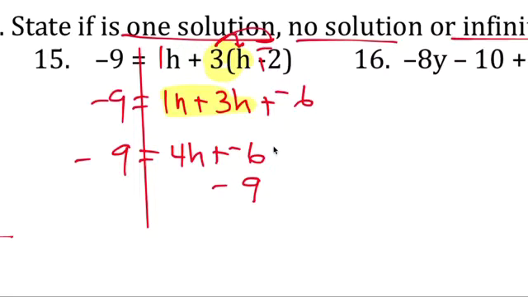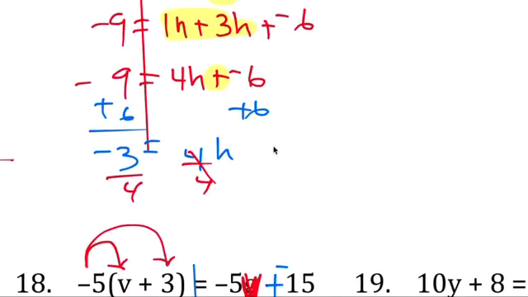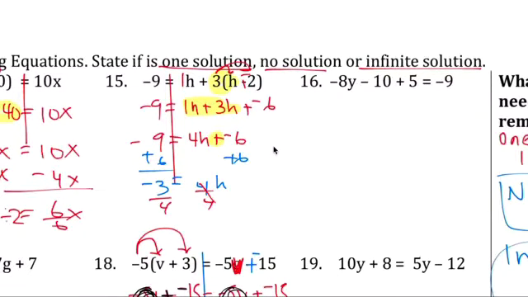Subtract 9, oh, that doesn't get us 0. There's a plus sign, you need 0. You need to add the 6. Divide both sides by 4. H is negative 3 over 4 is equal to h.